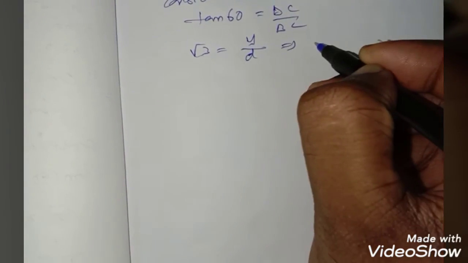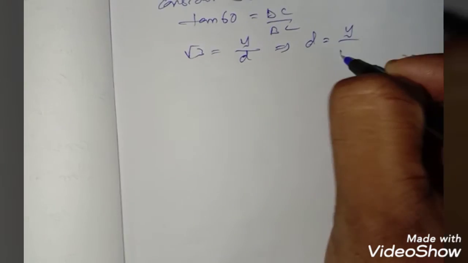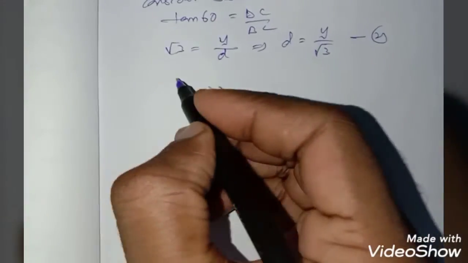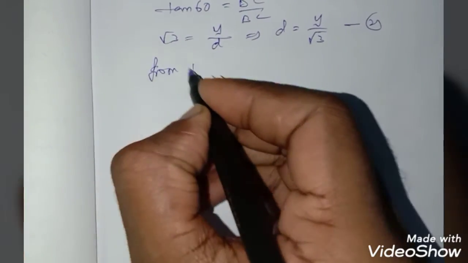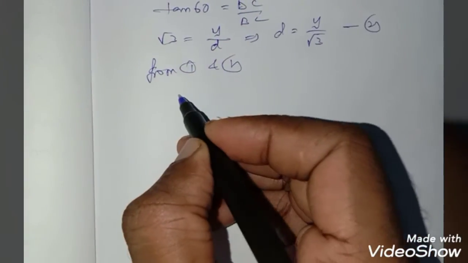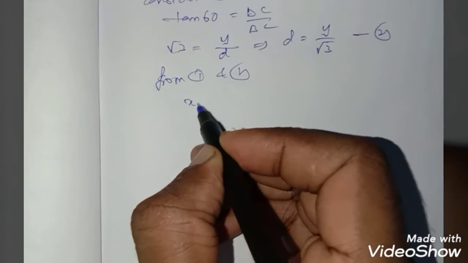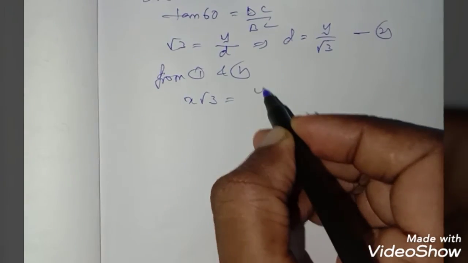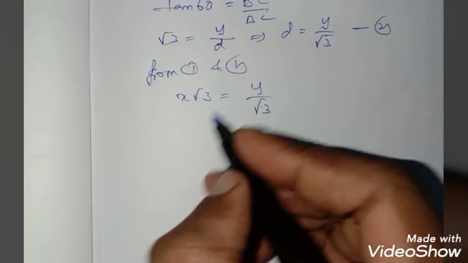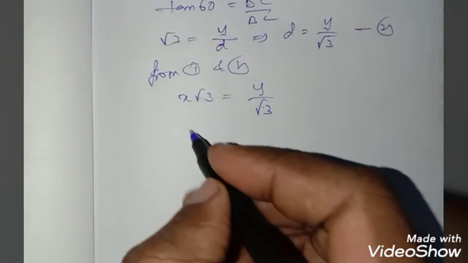Now if I cross multiply, d is equal to y by root 3, denote this as the second equation. Now after getting these two equations, from 1 and 2, I am comparing the two equations, that is x root 3 is equal to y by root 3.